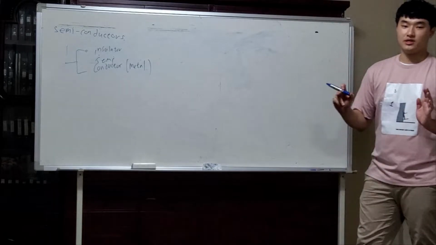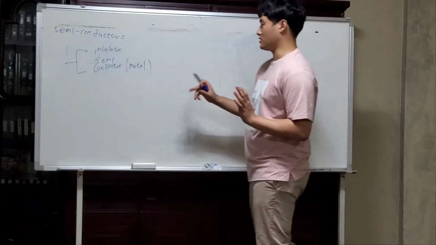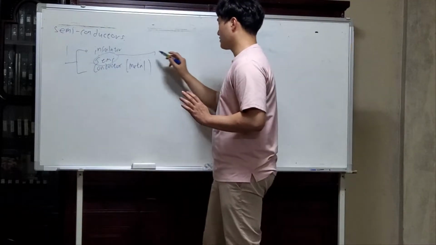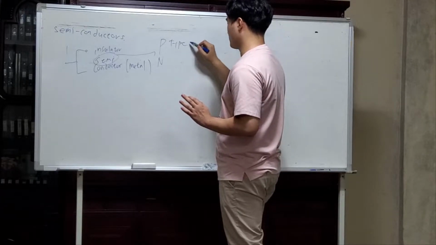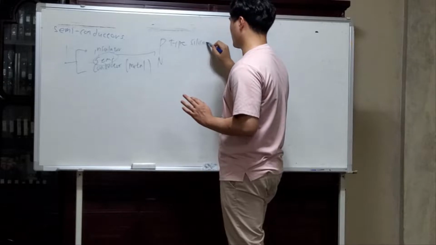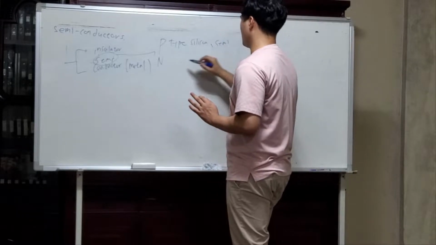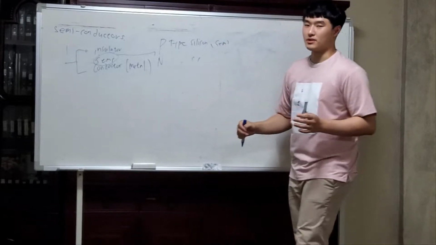By how we compose the components of the semiconductors, we can look at P-type silicon or semiconductors and N-type semiconductors.